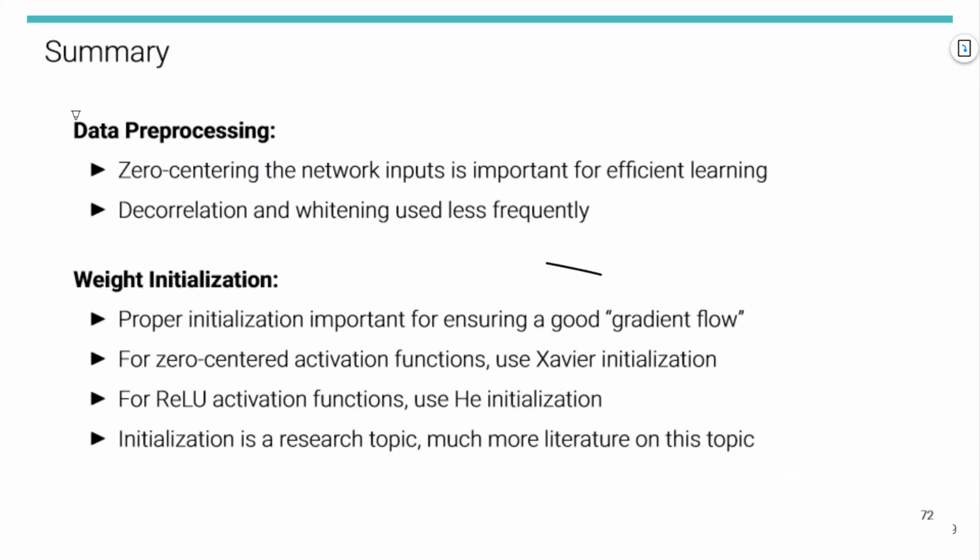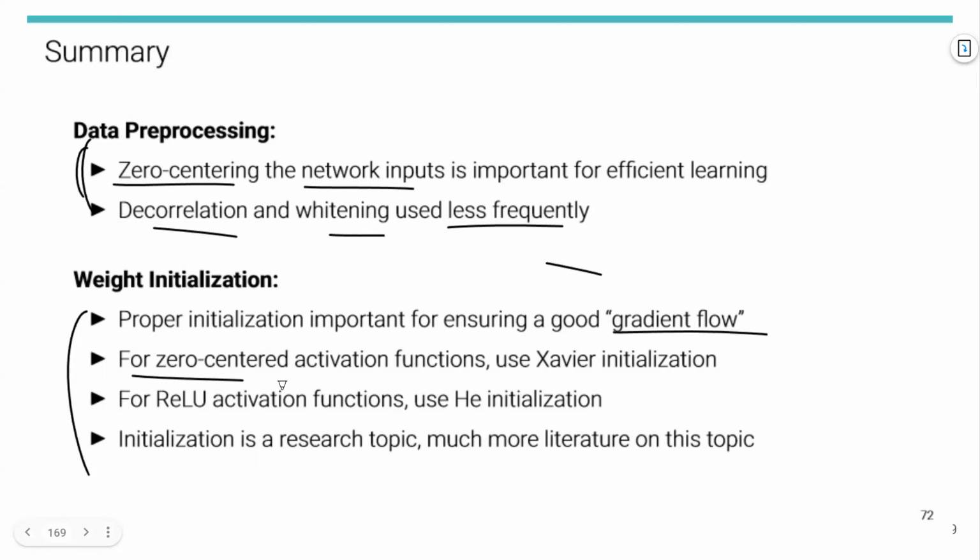Okay, so data preprocessing is to zero center the network inputs, and decorrelation and whitening are used less frequently. And I showed you that proper initialization is important for ensuring a good gradient flow. For zero-centered activation functions, you had better use Xavier initialization.